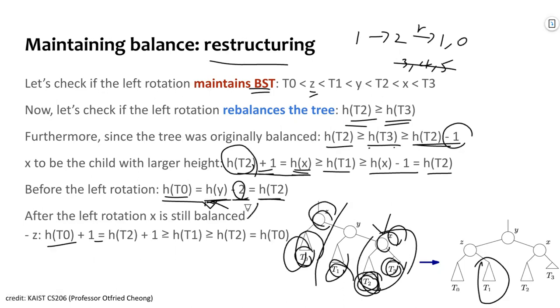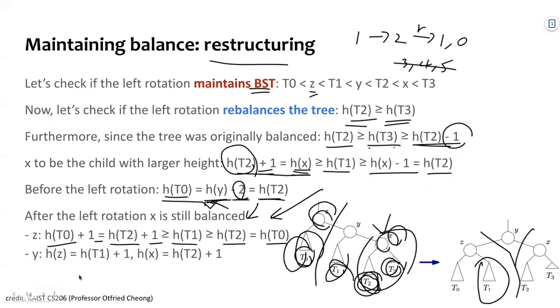And you put these equations into the last relation, then height of T2 plus 1, which is HT1, is larger than HT2, which is HT0. And we could conclude that the height difference between the left child and the right child is no larger than 1.